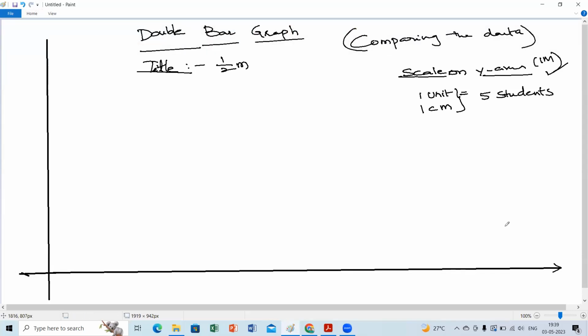Yes, Ashwath, any doubt? So you have to mention x-axis and y-axis. Next, the meeting of these two is nothing but the point of origin. You can take 1 unit equal to 5 students, right?